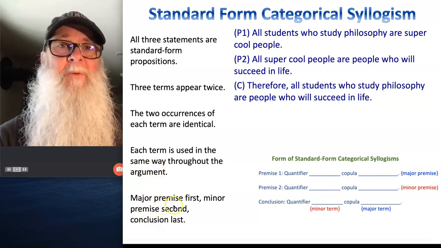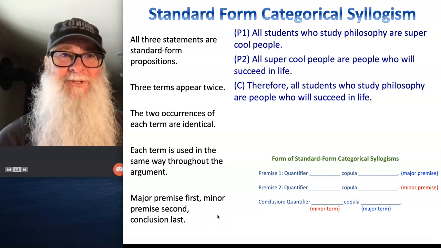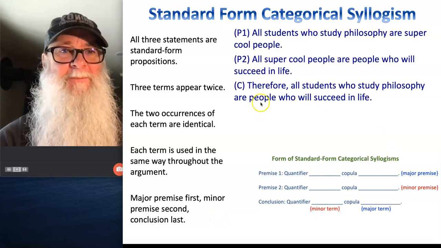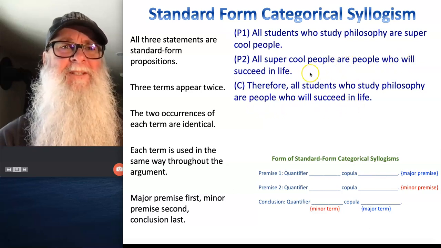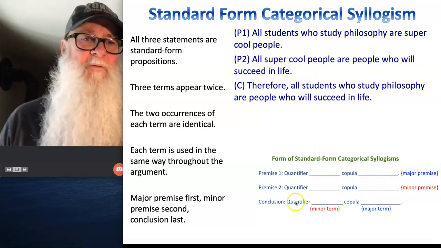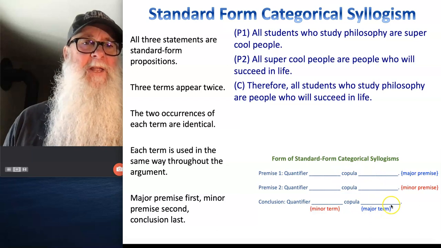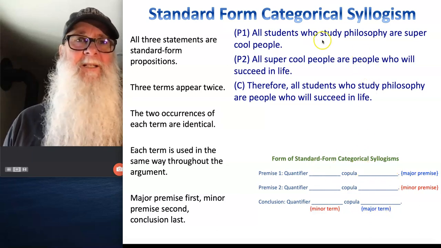But I see a problem when it comes to our last criteria. Do you see it? What's the major term? The major term is the predicate of the conclusion, people who will succeed in life. And that appears in the second premise, not the first. But I know from this image here that the predicate of the conclusion has to appear somewhere up here in the first premise, and it does not.